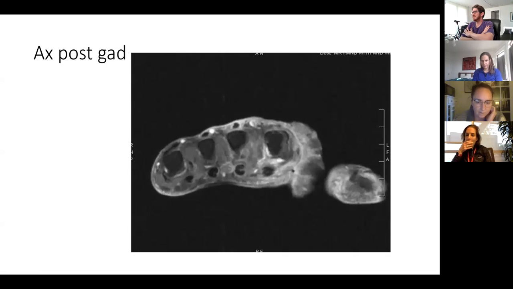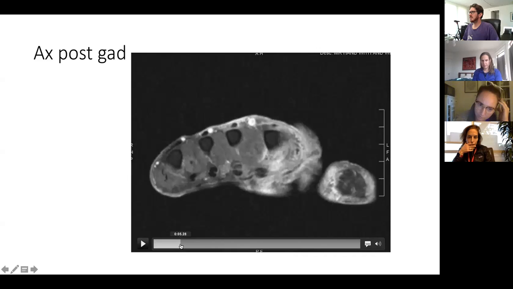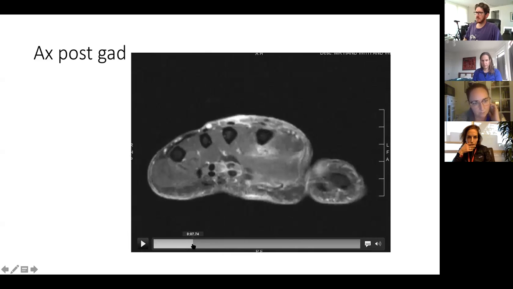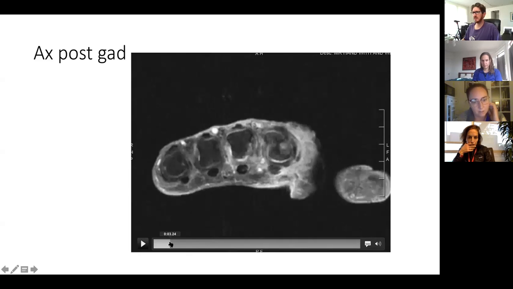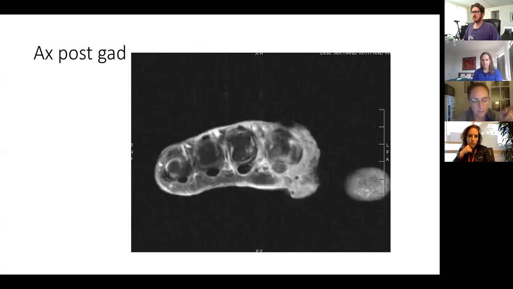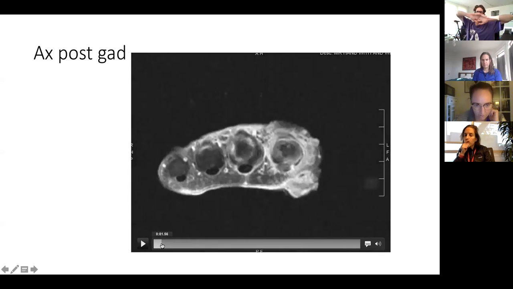Ulnarly, there's at least some edema or increased signal that extends more ulnarly. So at the time of surgery I would counsel him that we would need to do at least a second ray resection, and then potentially a third ray depending on what pathology looks like intraoperatively, since there's some extension into the third ray on the MRI.